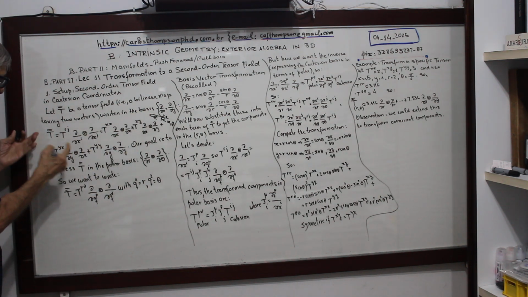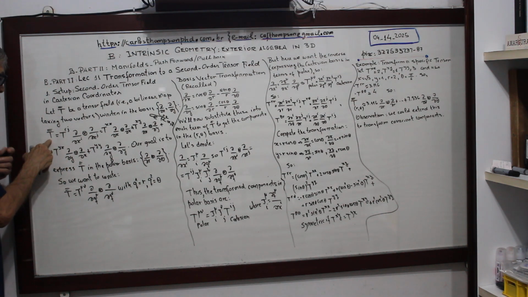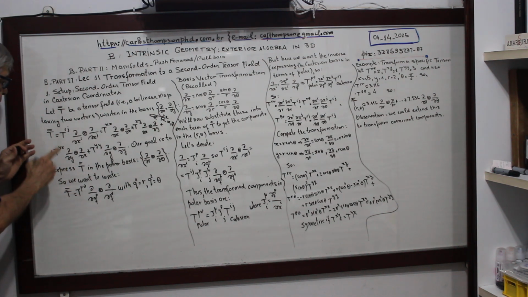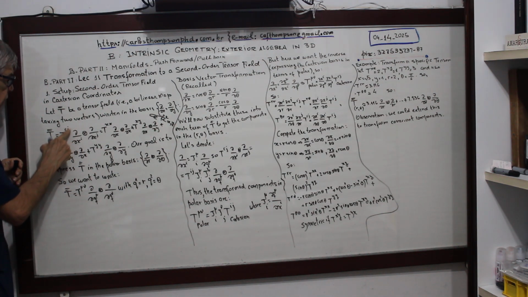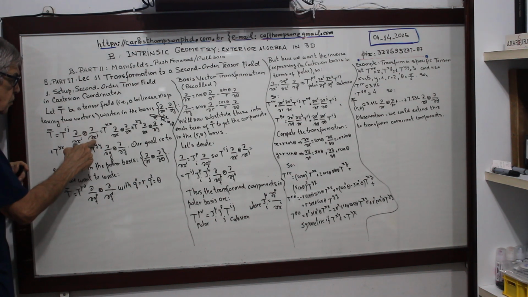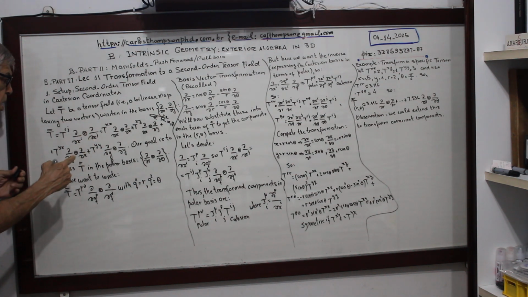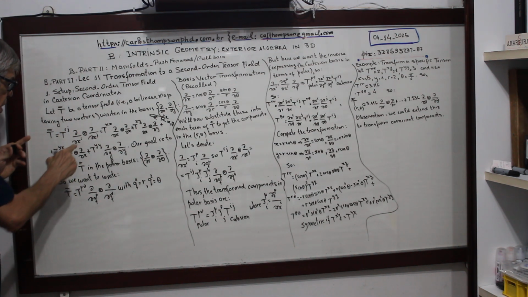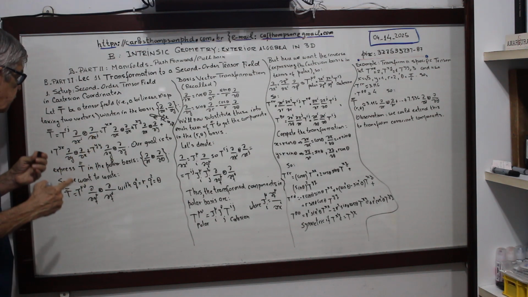Now I can express the second order tensor, which is invariant. These are the contravariant components, and partial xi, partial xj are the covariant basis. Attention now, i and j are free.